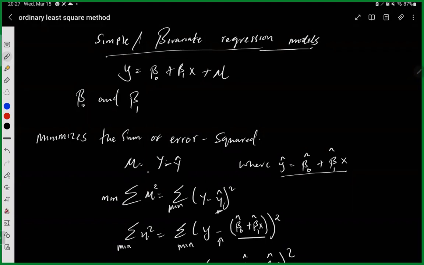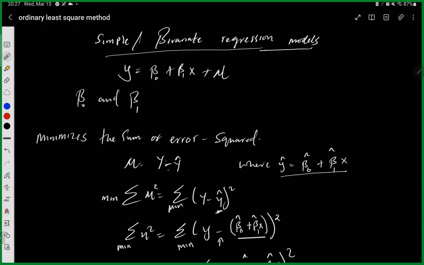So what error are we talking about? The error is simply the difference between the actual and the estimated. I think I explained this in yesterday's class. Why are we saying this? Because in the absence of errors, we would have the true relationship. But because of those other variables that affect our estimation, we have only estimated models.